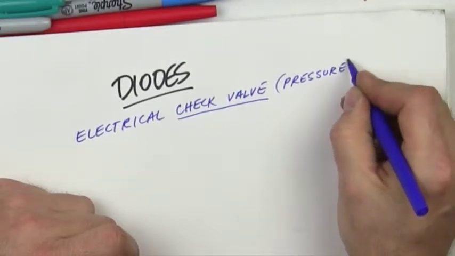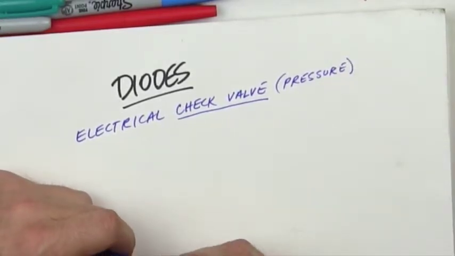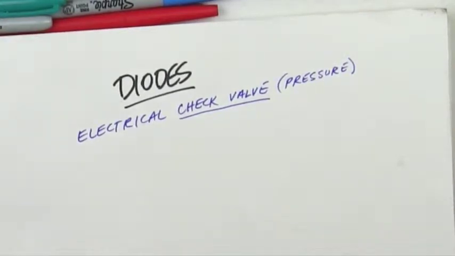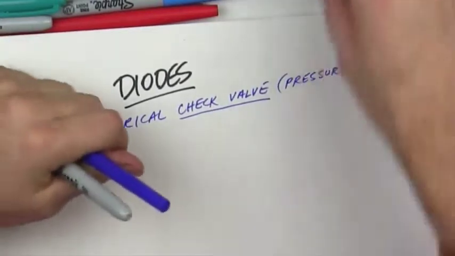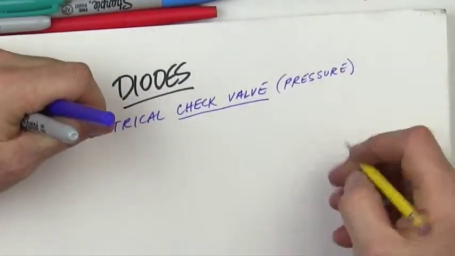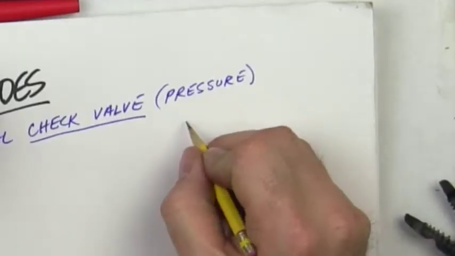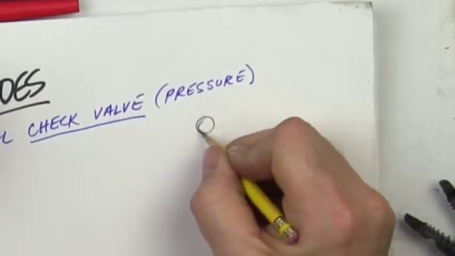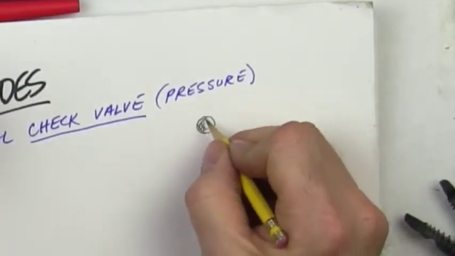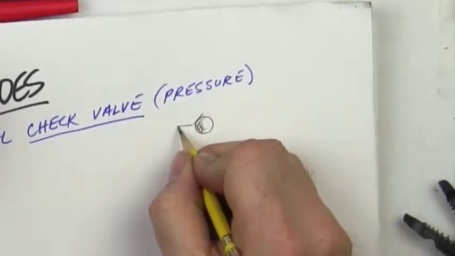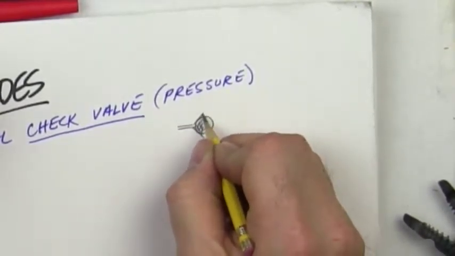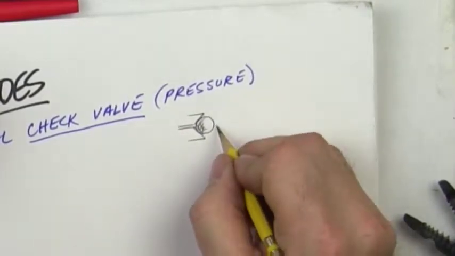The pressure is what unseats the ball in the oil pressure relief valve. So you've got the ball in the pressure relief valve right there, and then you've got the oil passage there, and then the spring here.